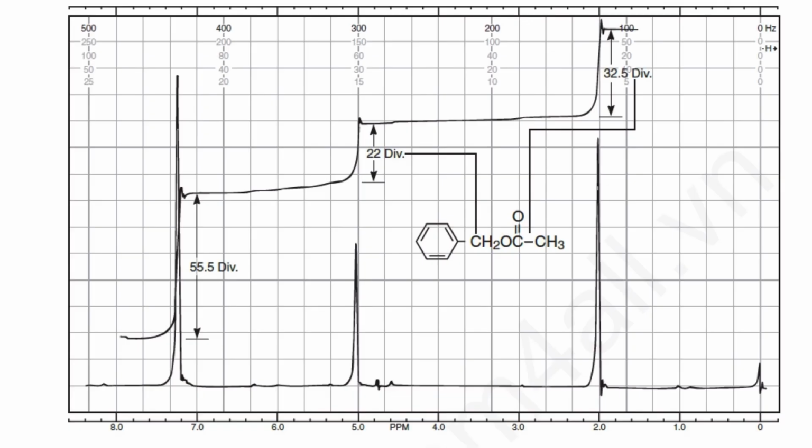Like if we see here, this is 10 divisions, 10 divisions, third 10 divisions, and this is about 5, 32.5 divisions overall. So the area ratio of these three peaks is about 5 to 2 to 3, the same as the ratio of the number of three types of hydrogen atoms that are contained.